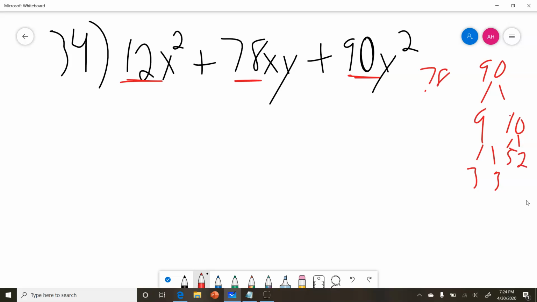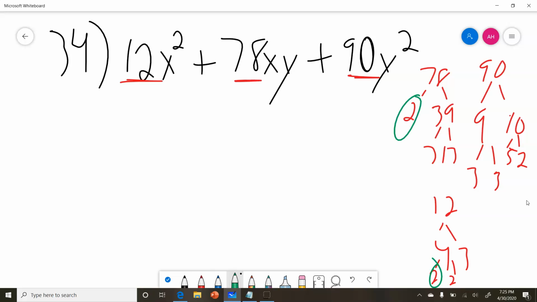Then we have 78 here, which is 2 and 39, which is 3 and 13. And then we come down here to 12, and 12 is 4 and 3, which is 2 and 2. Now I have to say, what do they all have in common, all three of them here? Well, they all have a 2 in common, and they all have a 3 in common. So that means they all have this in common, 2 times 3, which is 6.